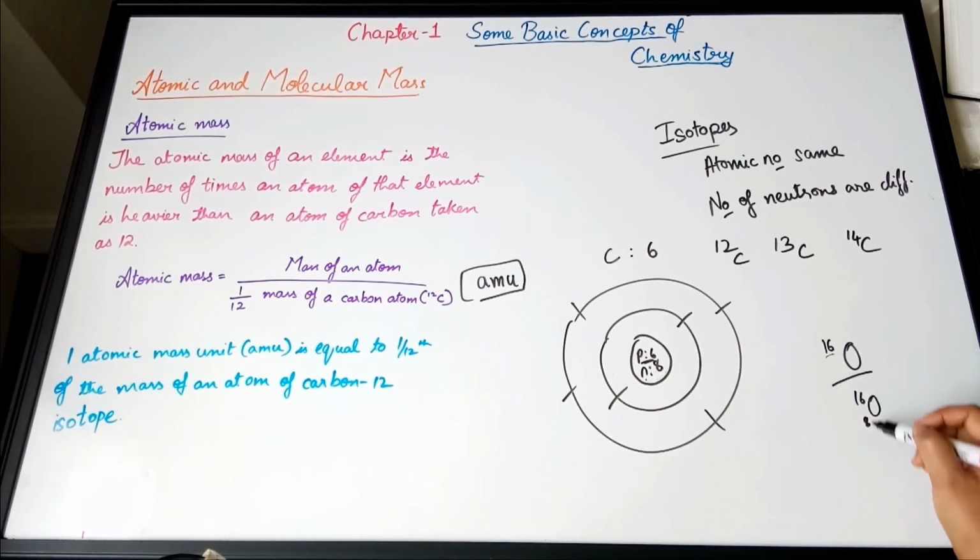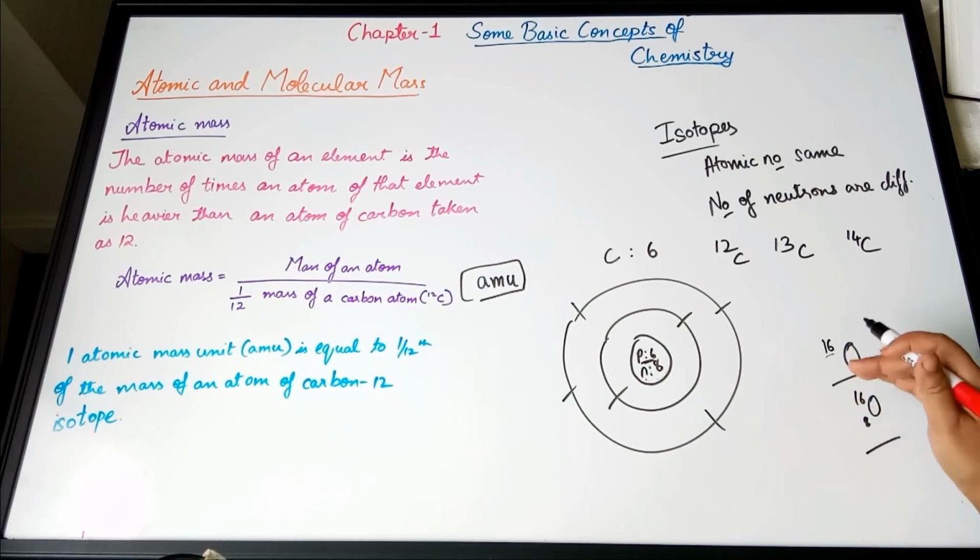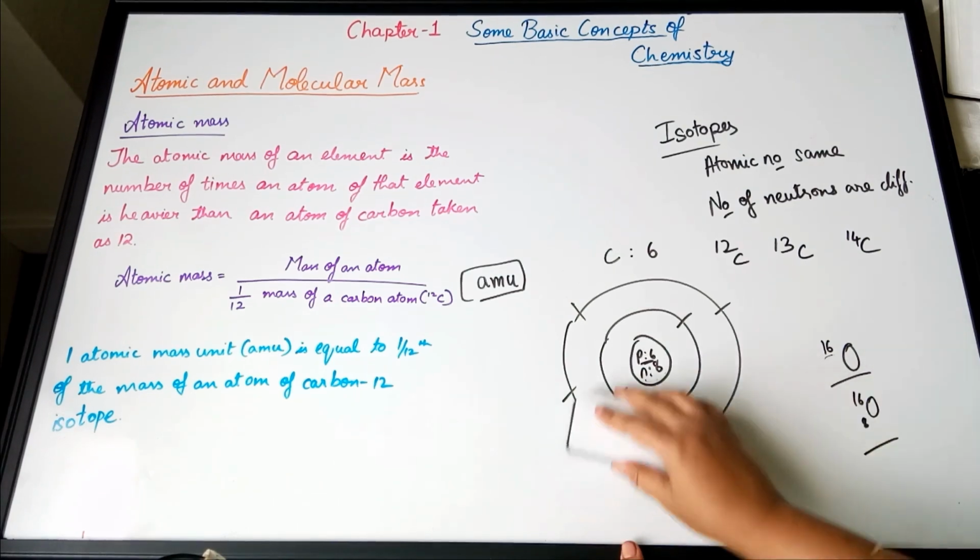So obviously this meant there was going to be some amount of difference, and that's when they realized that instead of taking the atomic mass of an element, we had to take an average of all the isotopes which are present. And this is where we have the topic of average atomic mass.